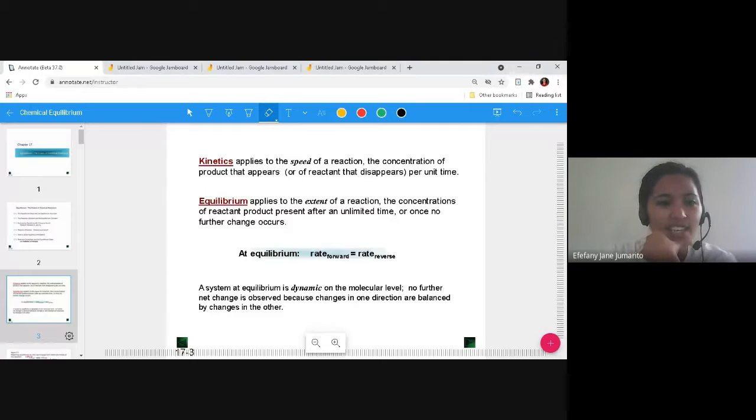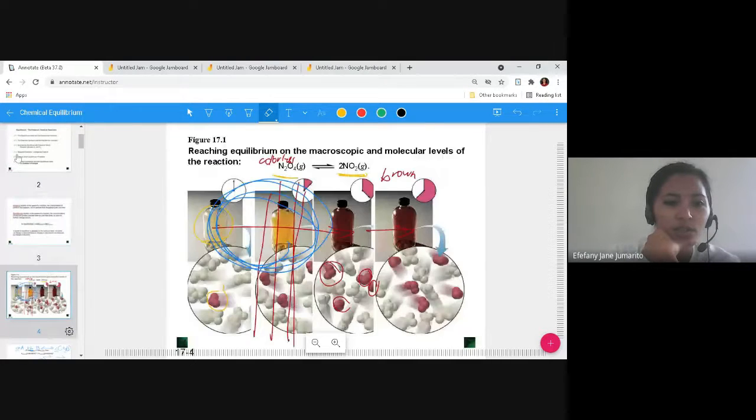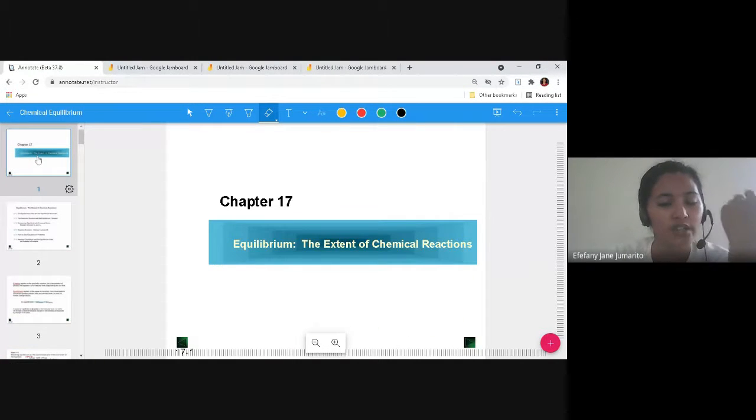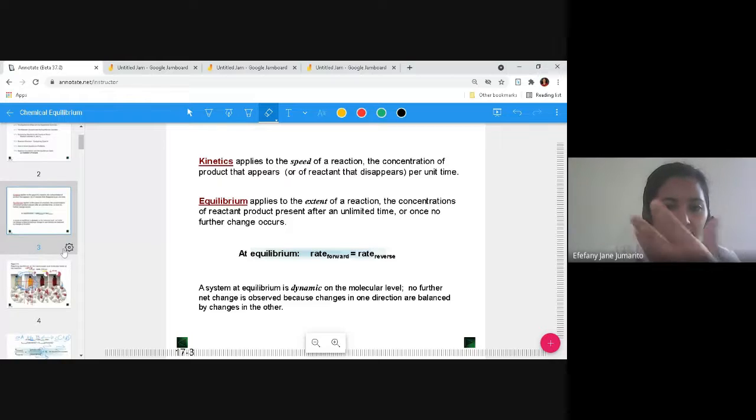Okay. So, that's all for equilibrium. Equilibrium is dual siya sa atong kinetics, but kinetics is on the speed. Equilibrium is on the extent, more on the direction. Then, the kinetics has factors, while in equilibrium, those factors can also be used as a stress in your equilibrium. Then ato sa maabot ta sa Le Chatelier's. Again, at equilibrium, the rate of the forward and the reverse are equal.